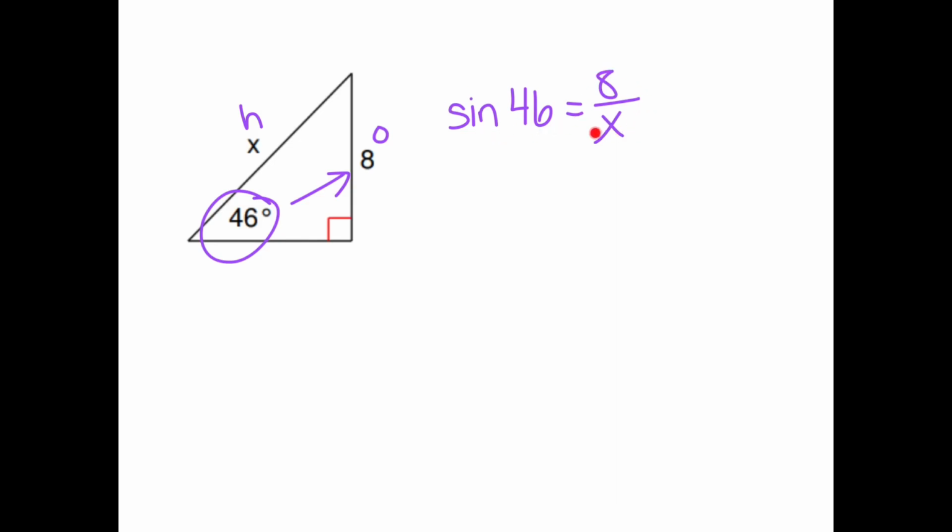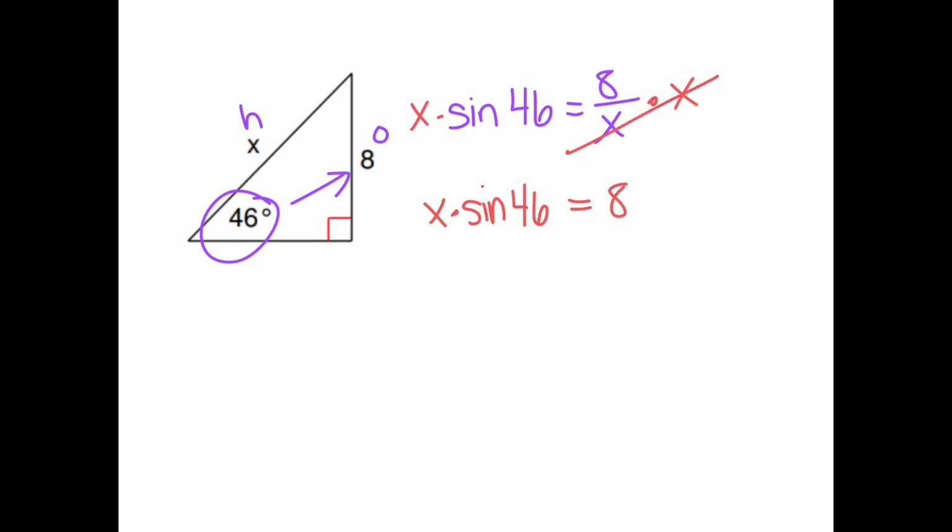If you notice, this ratio is different because in the other problems, the 8 would have been in the denominator. So solving it, my steps are still going to be the same, but it's going to look a little weird because I have to multiply both sides by x first. So I get x times the sine of 46 equals 8 because these x's divide out.